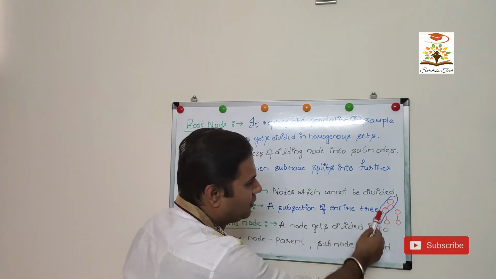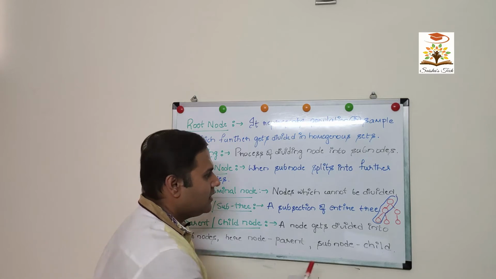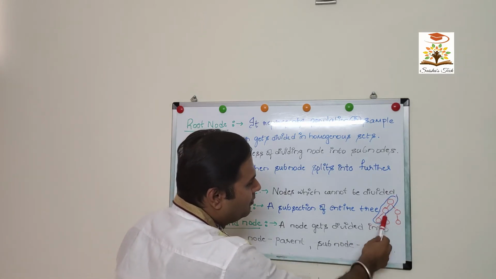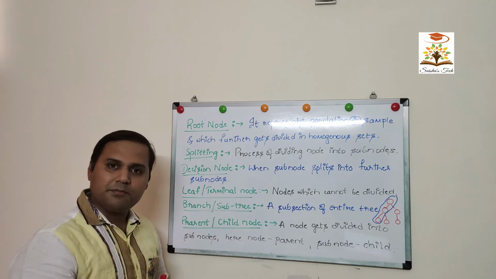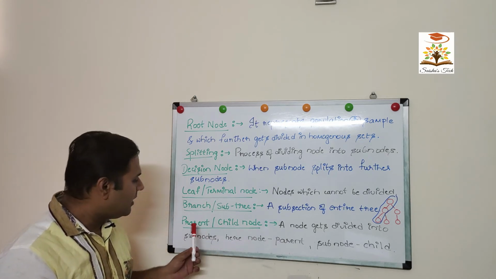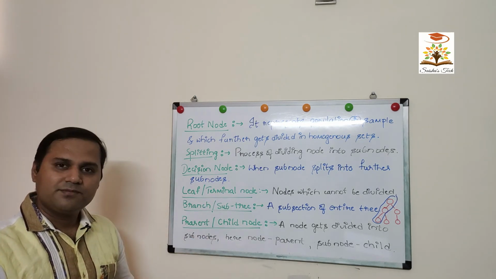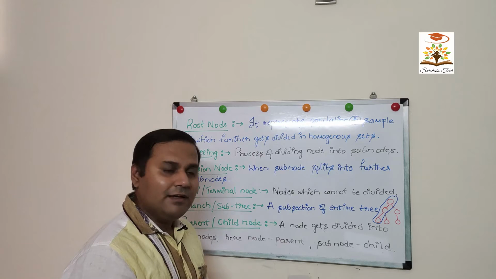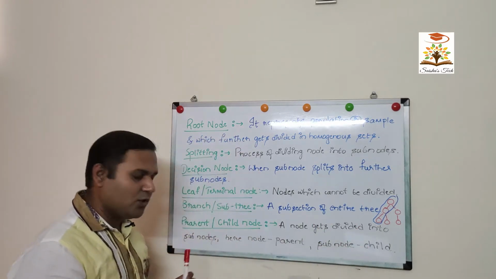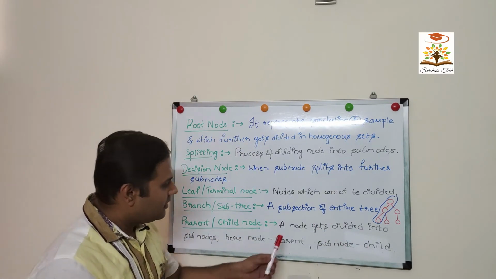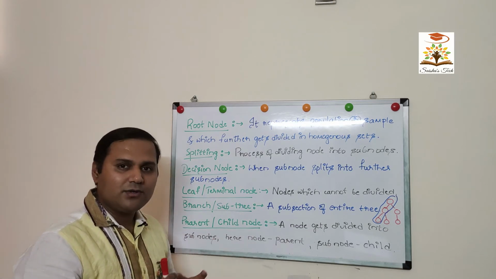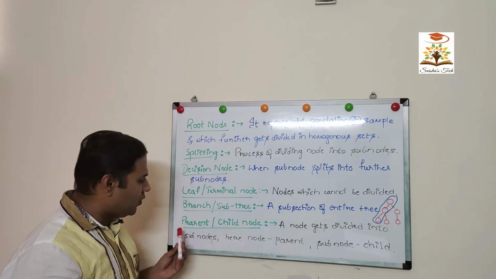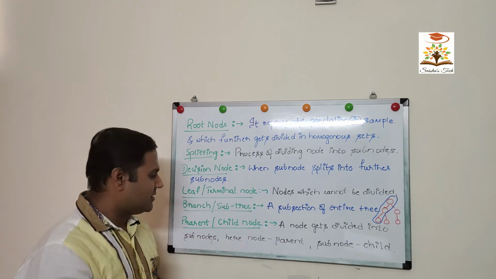As you can observe in the pictorial representation, the area which is marked with blue can be called a branch or subtree. Parent and child node. A node which gets divided into subnodes is the parent node. Here, this node is represented as the parent node and this subnode is represented as the child node.